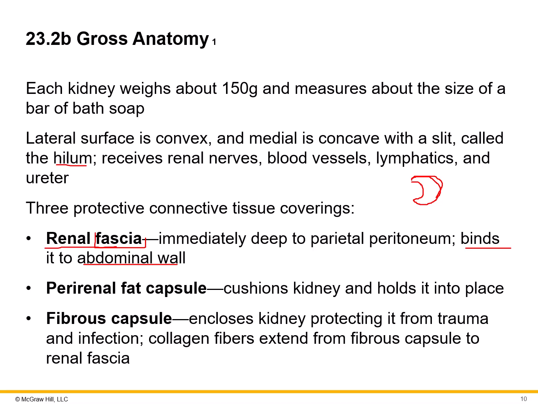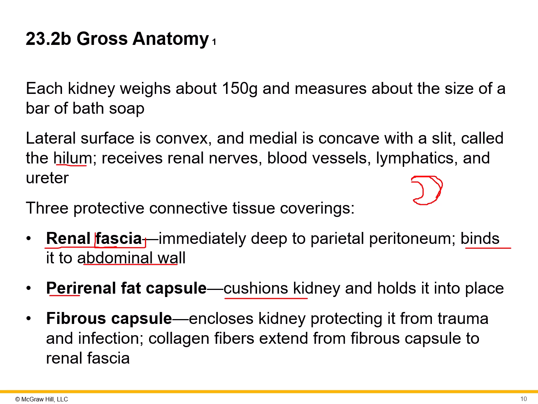Then we have our fat capsule. The fat capsule, just like you might think, is all about insulation and protection. We're trying to cushion this kidney and hold it into place. Again, there's a lot of vascular connection here, so we do not want our kidneys to be moving around. We don't want them to be damaged, so we need to make sure that we anchor them and we cushion them.